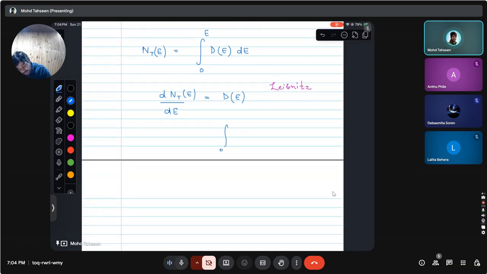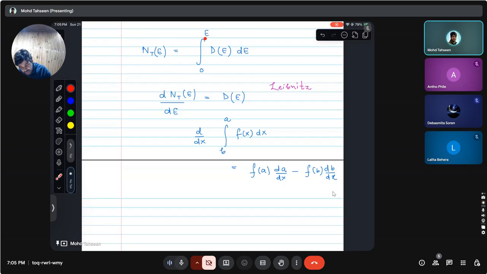So if we have 0 to a, this is f of x dx, and we have to differentiate it with respect to x, then this would be equal to f of a times dA by dx minus, let's say this is some b, f of b times dB by dx. And I have used the same thing in this expression.